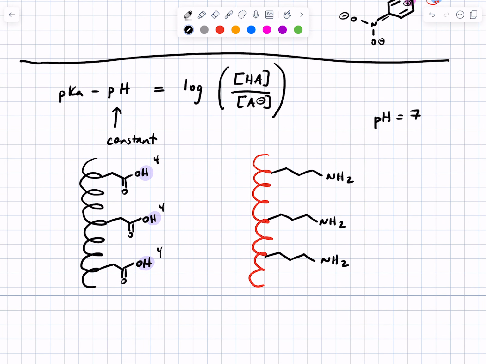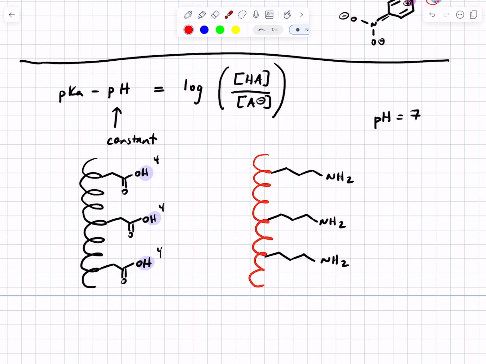So, compare pKa 4 to pH 7. 4 minus 7 is negative, right? So what does that tell me about this ratio? Greater than 1 or less than 1? Less than 1, right? If this number is negative, for logarithms to be negative, the thing inside the logarithm has to be less than 1.